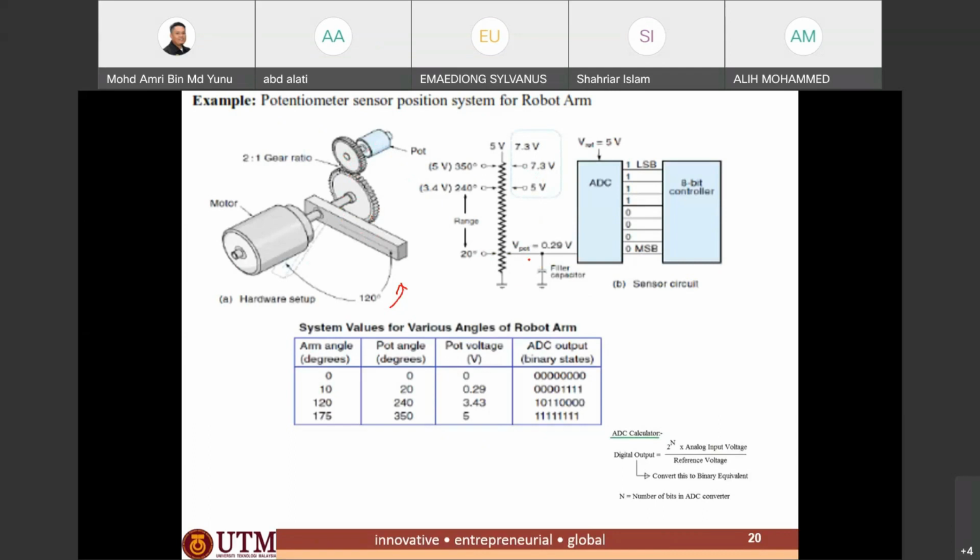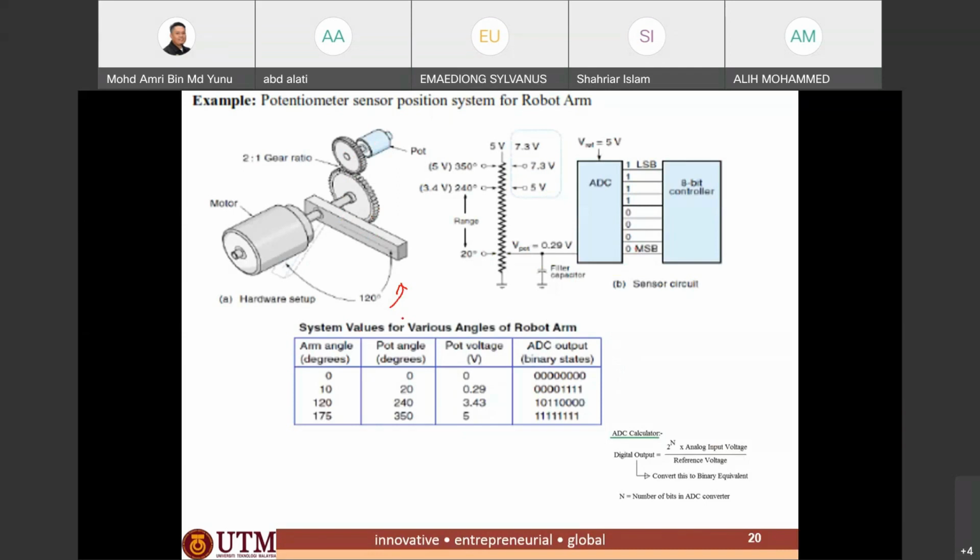The output is converted by an ADC, analog to digital converter, where the output is changed into binary values.